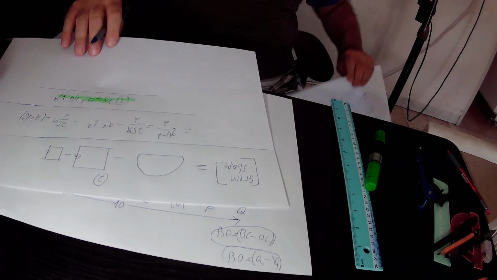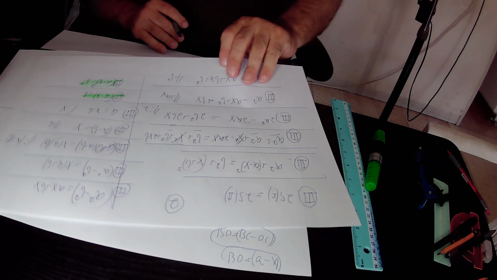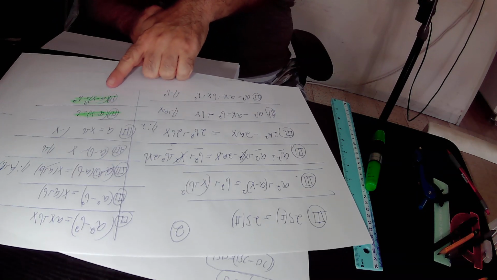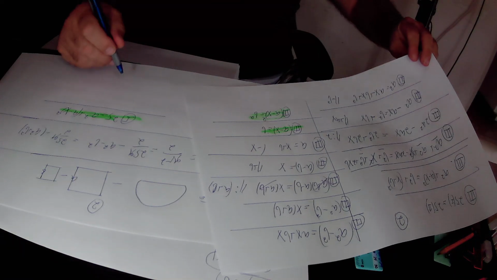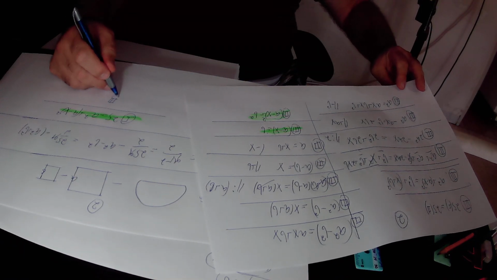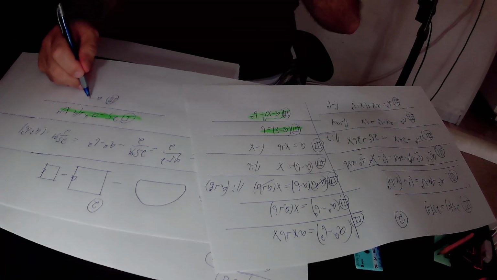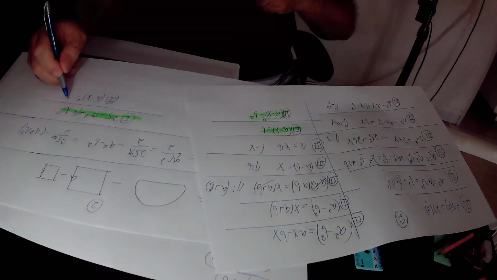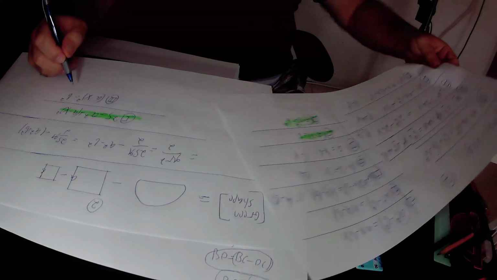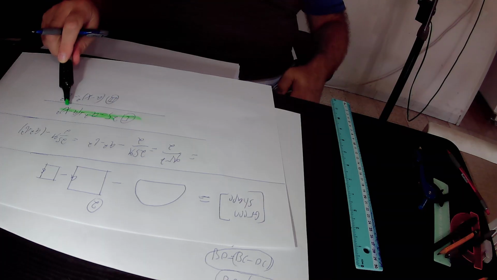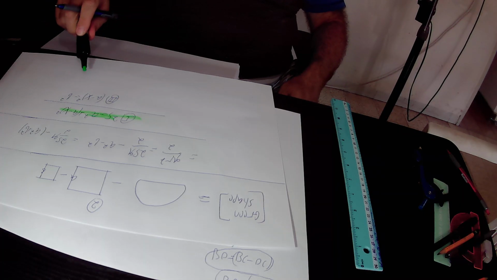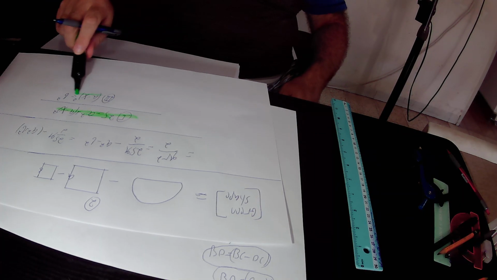And according to equation 3, (a minus x) squared equals b squared. Therefore, we can substitute (a minus x) squared in equation 1 by b squared from equation 3.